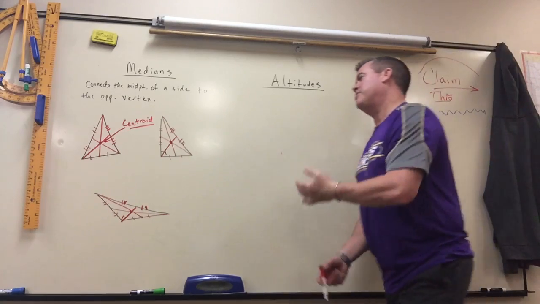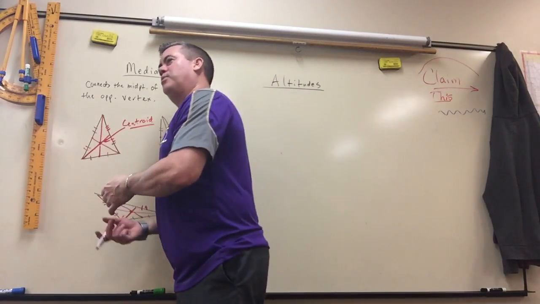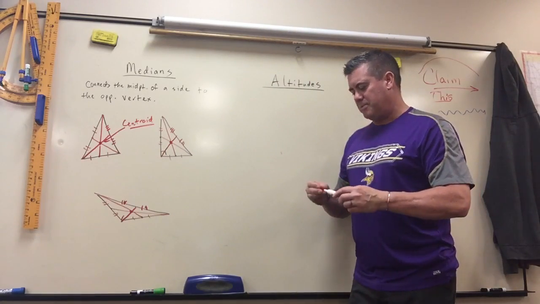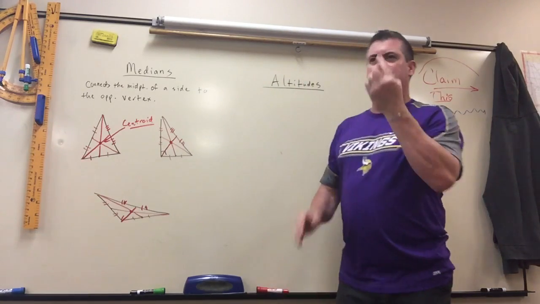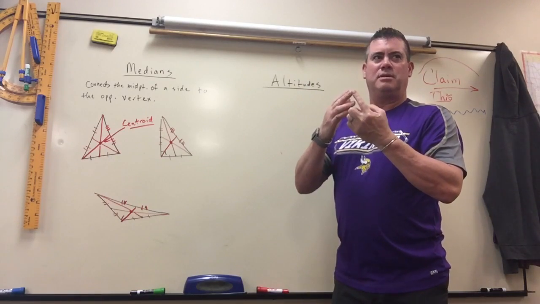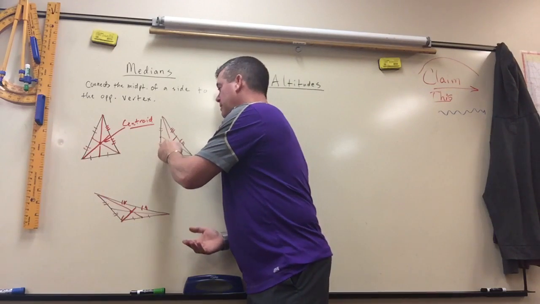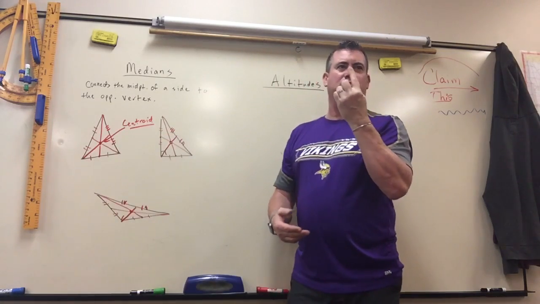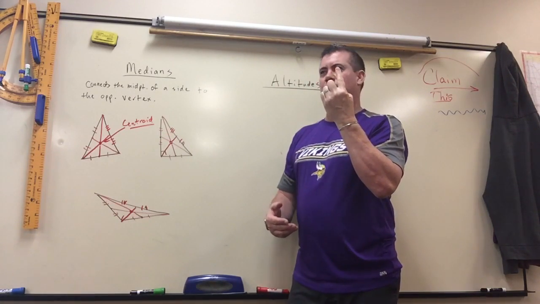Now this one does have an actual use. If you cut a triangle out of paper and you wanted to balance it sideways, if you put your finger on the centroid, that's the balancing point of a triangle. Can everyone imagine that in their mind?